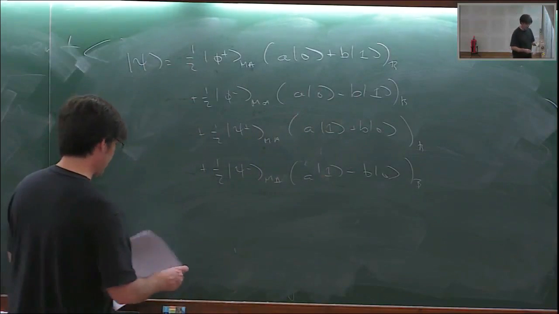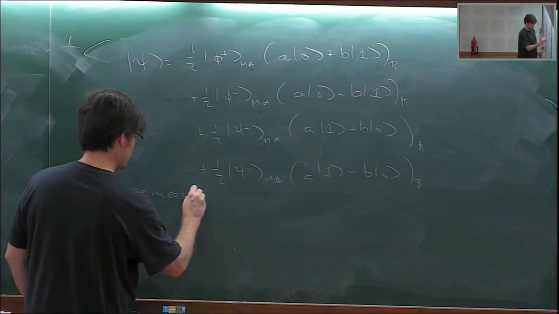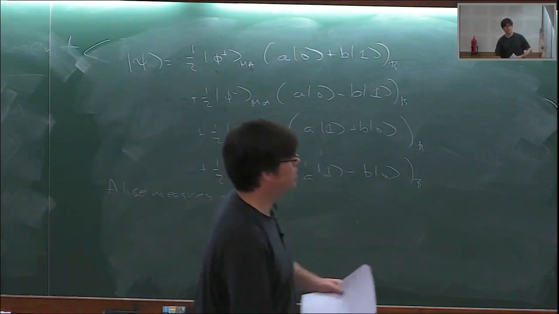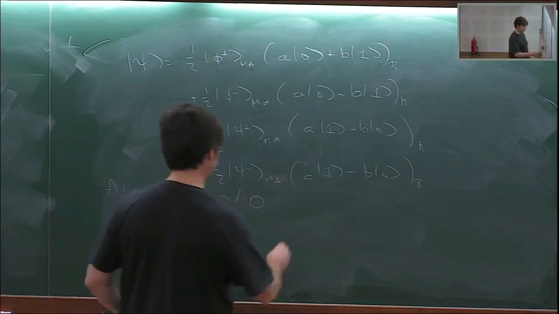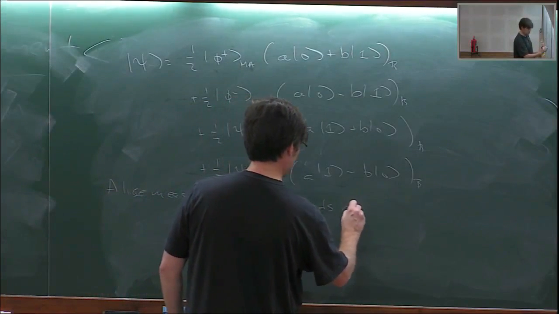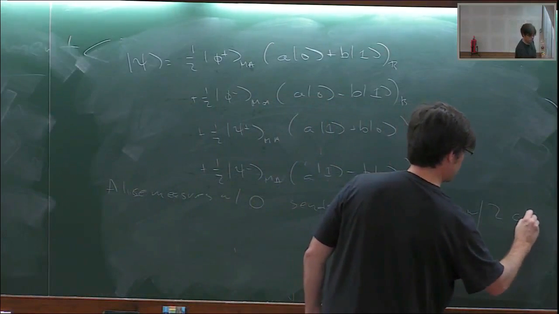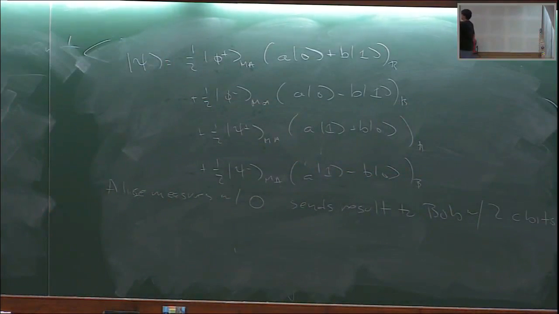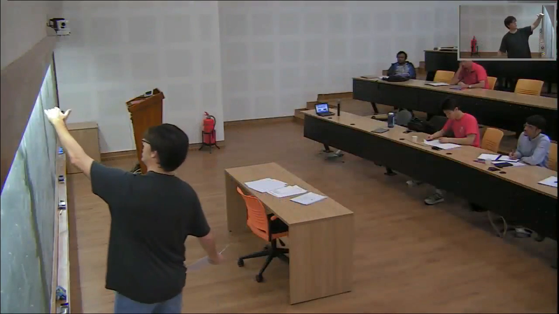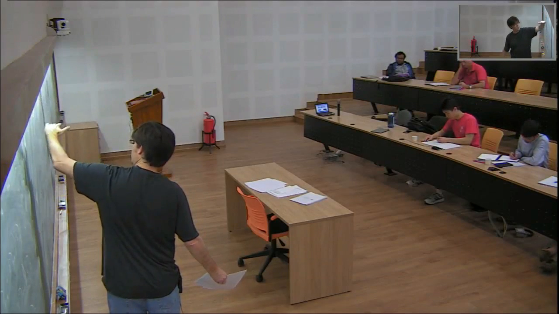So now Alice measures with this operator here, which tells her which of these states she's got. And then she sends the result to Bob with 2 classical bits. Because there are 4 possibilities, she just needs 2 classical bits to tell Bob which of the 4 possibilities she actually realized. And given a possibility, Bob's state will be one of these.